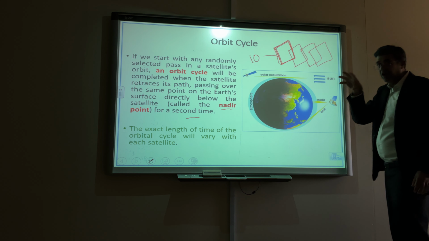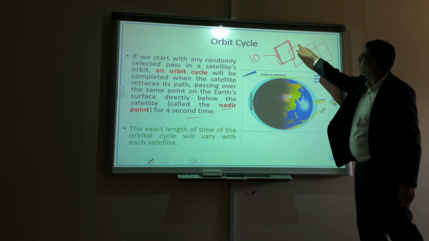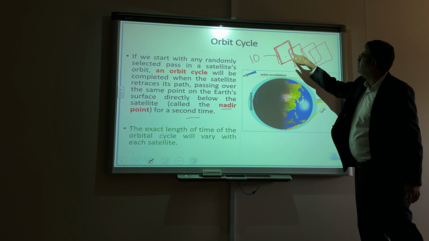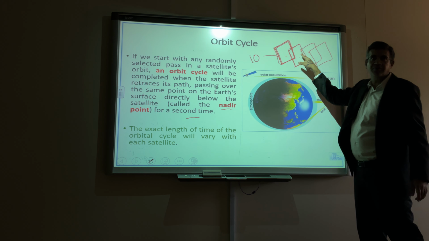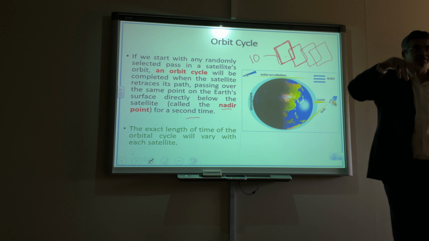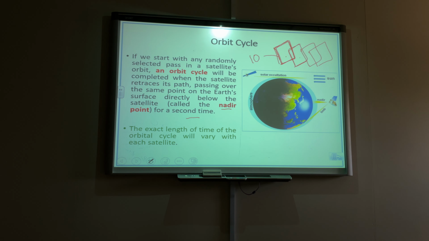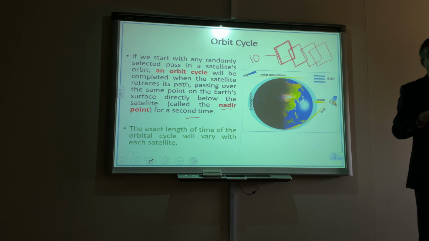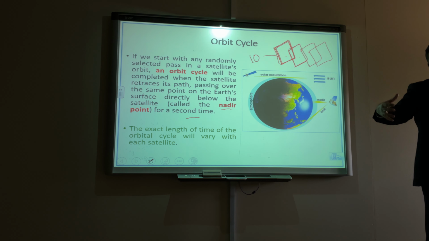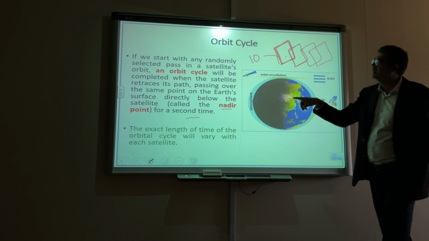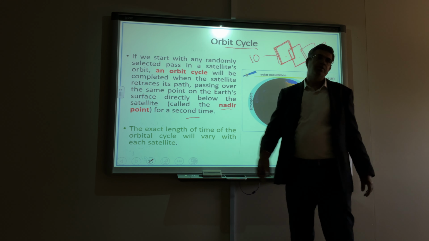It may take another image from here, but this image and that image are different images. So we are talking about the same image. If the satellite takes one image today and another image of the same place after retracing the same path 10 days later, then the orbit cycle will be 10 days.